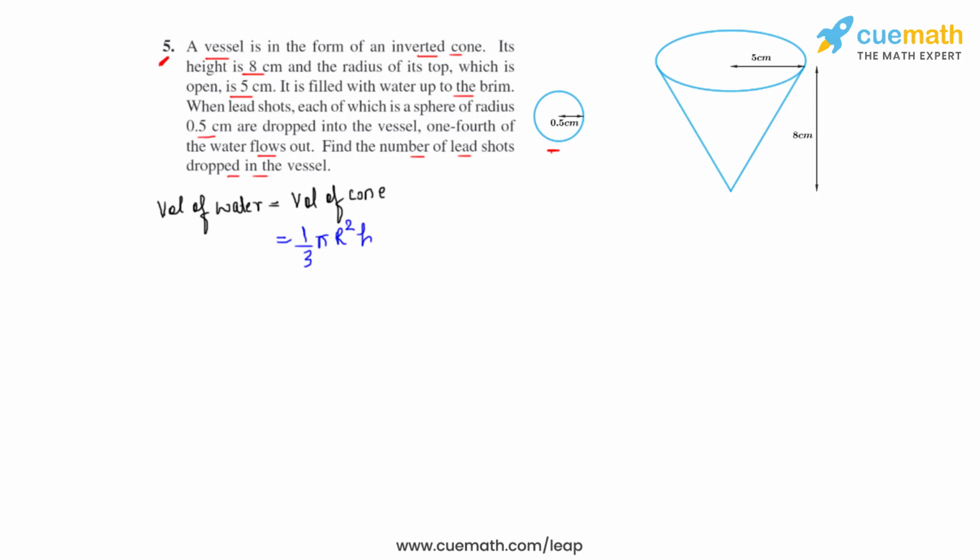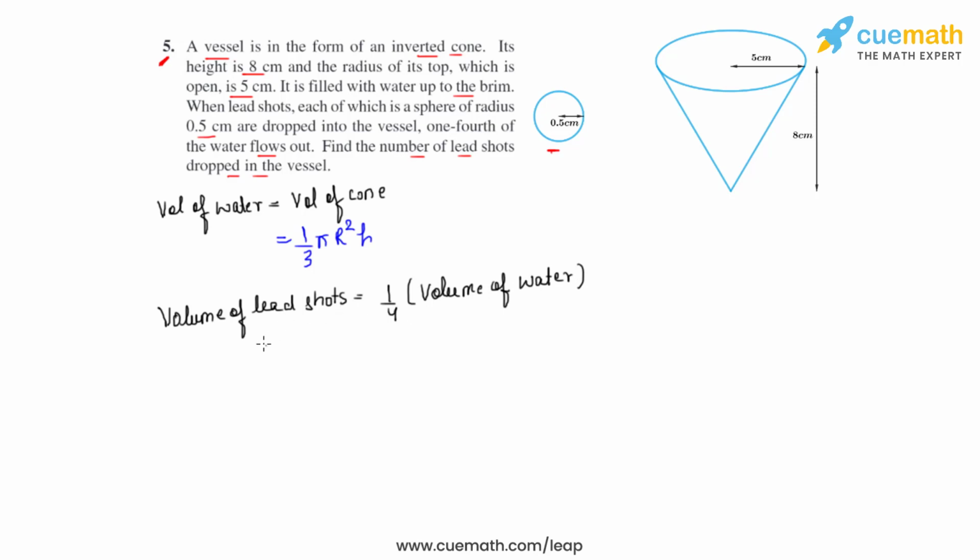Now, as given in the question, the volume of all the lead shots will be equal to 1/4 of the volume of the vessel, or the total volume of water that we initially had.